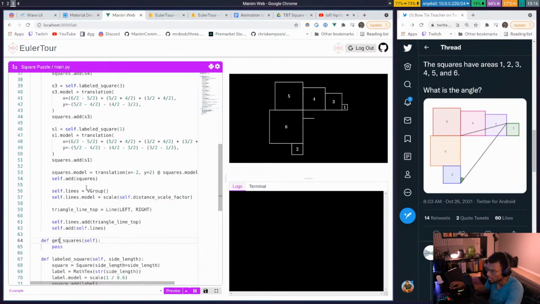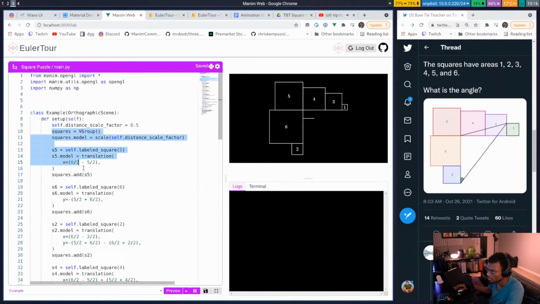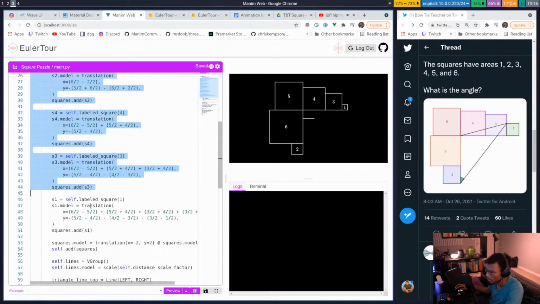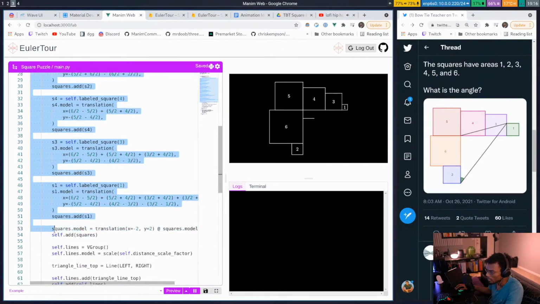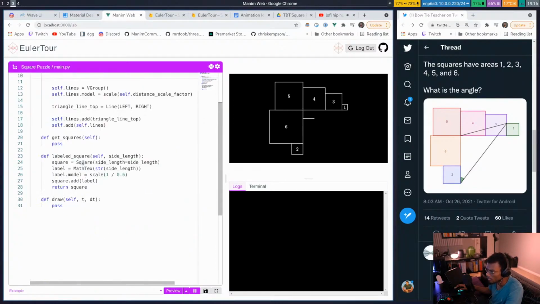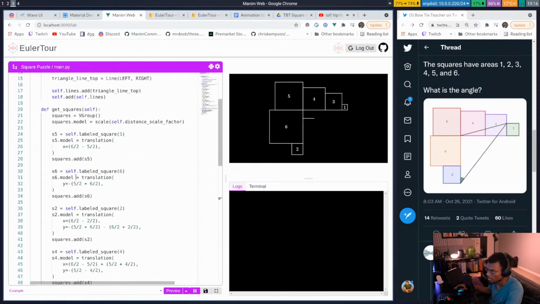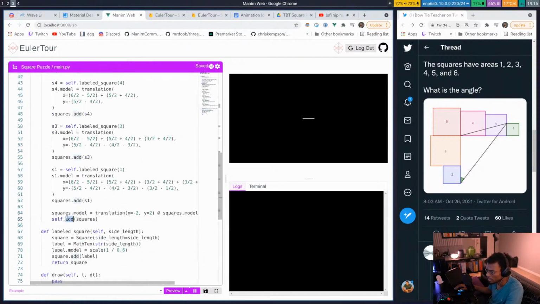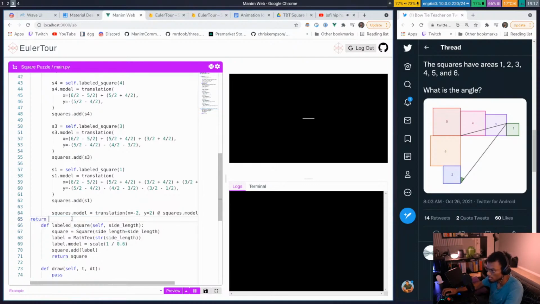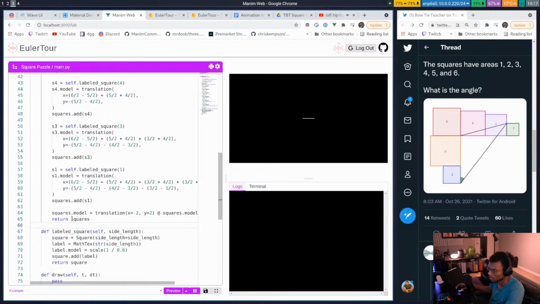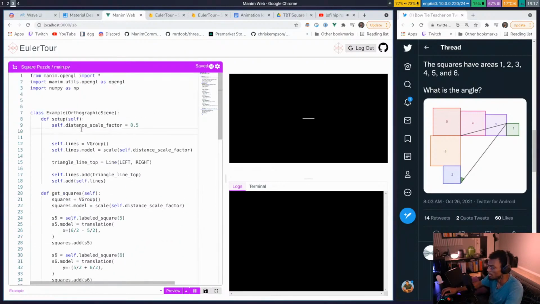I'll try get squares. I feel like that's a little cleaner. I can just put all of this here, return the squares. If I can type here. And here I'll do self.add, self.get squares.